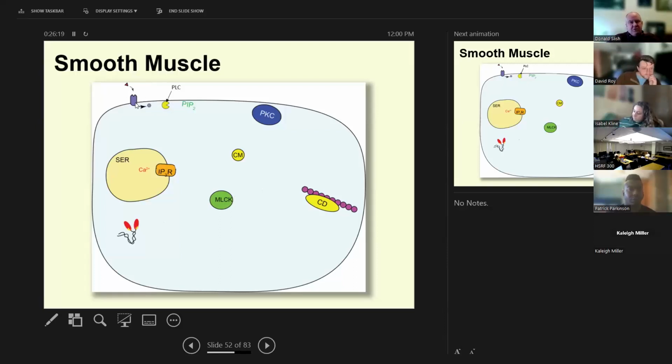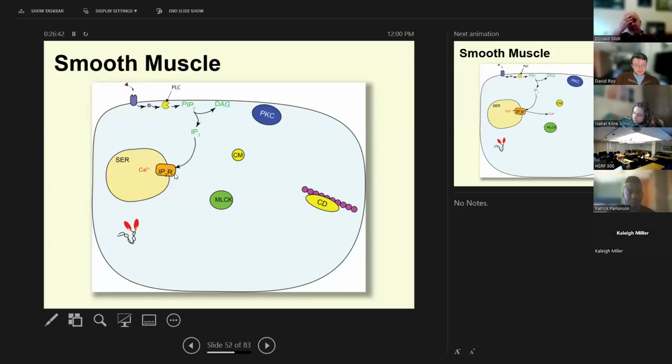But receptor binds to the hormone, that activates the G protein. The G protein activates phospholipase C, which then breaks down PIP into IP3. Okay, from here, we're going to pick it up. Here's what's important for this test. So IP3 gets released based on this phospholipase C activity. IP3 will then come to the IP3 receptor.